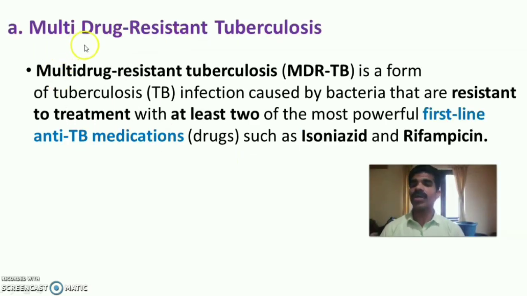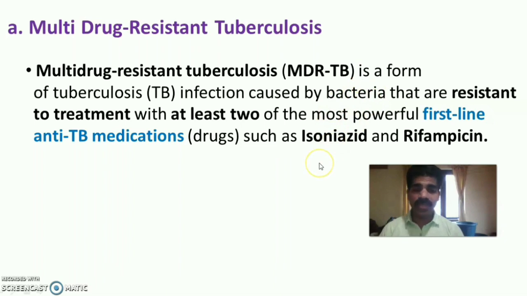So let us discuss in short about multi-drug resistant tuberculosis. Multi-drug resistant tuberculosis is a form of tuberculosis infection caused by specific bacteria that are resistant to treatment with at least two of the most powerful first line anti-TB drugs, such as isoniazid and rifampicin.